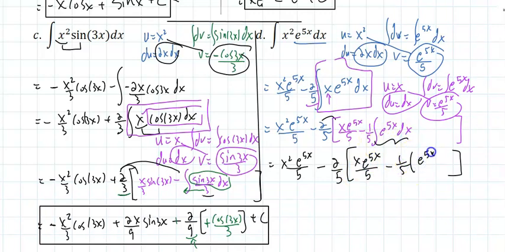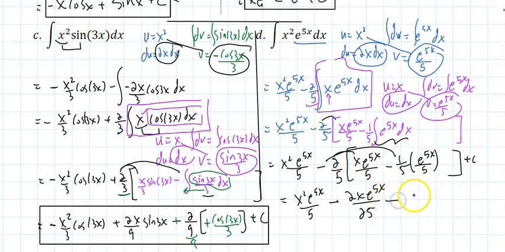Isn't that e to the 5x divided by 5? So my final answer is x squared e to the 5x over 5 minus 2x e to the 5x over 5 squared, which is 25, minus 2 over 5 times 5 times 5 is 125 e to the 5x plus c.